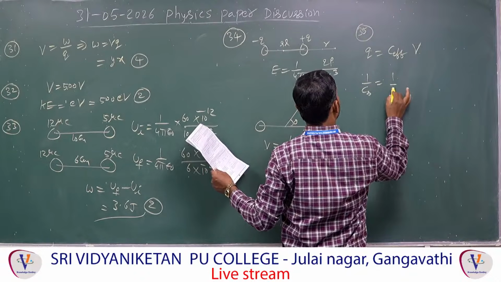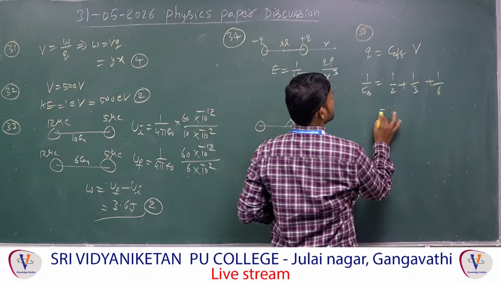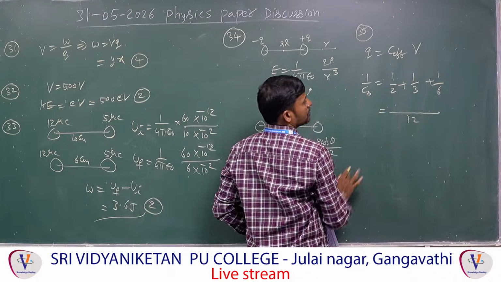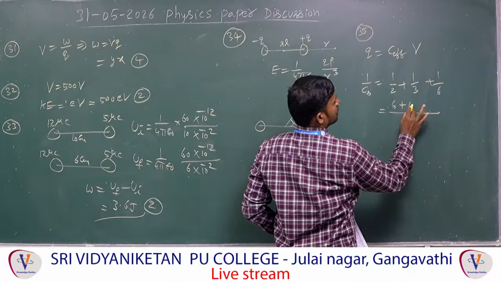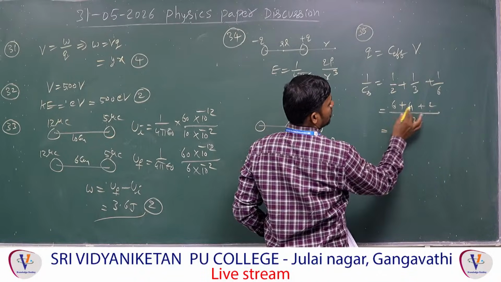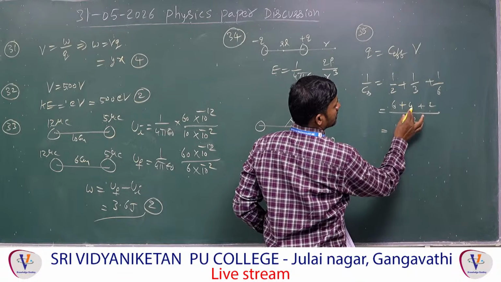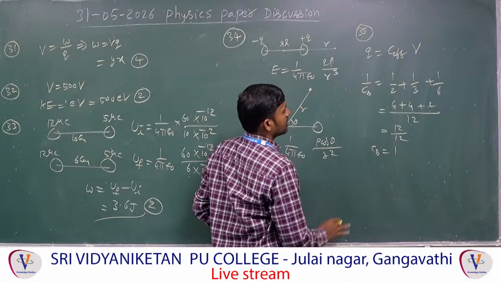1 by 2 plus 1 by 3 plus 1 by 6. LCM 12. 6 plus 4 plus 2, how much? 12. 12 by 12, and effective capacitance is 1.